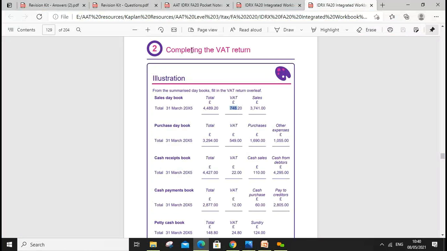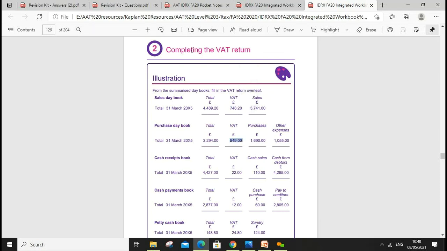So always keep in mind when you see the sales day book VAT, which side of the control account will it go? Is it input VAT or output VAT? What do you think? Which box of the VAT return will it use? The output box, box 1 of the VAT return, because that's the liability.